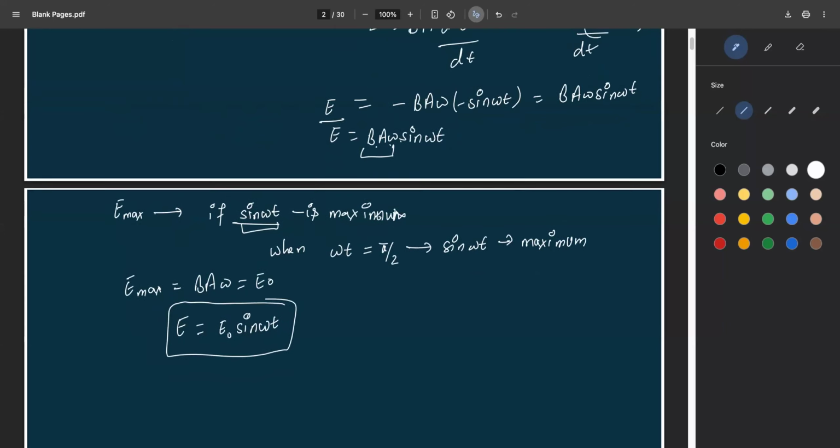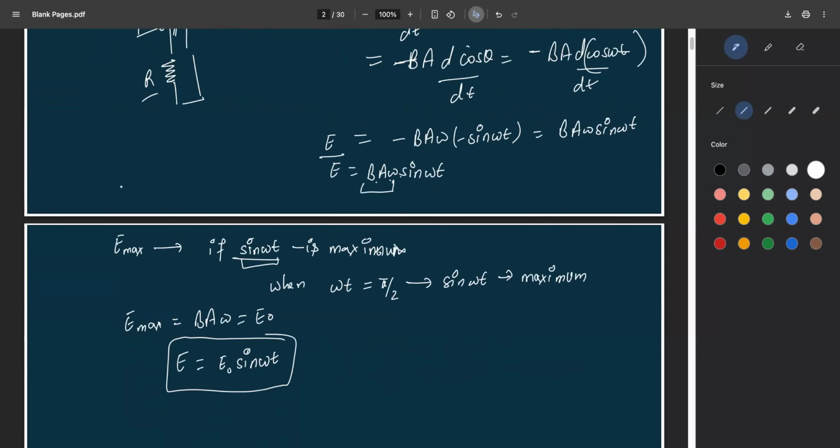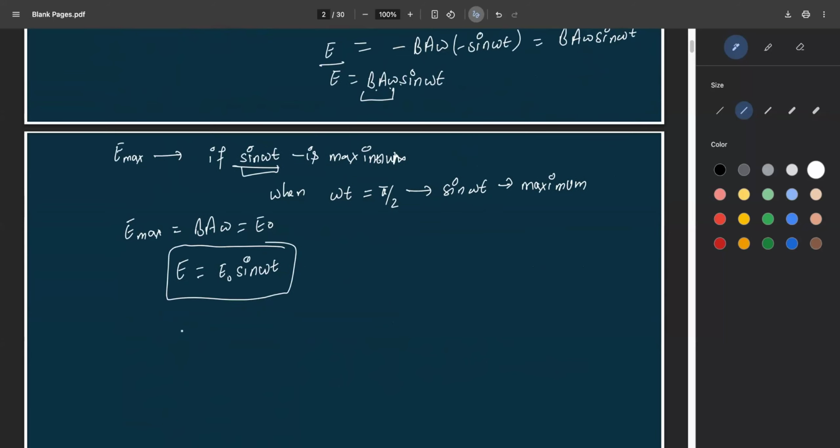Now assume the magnetic field is produced across these two points, or anywhere it might be produced. If I connect a simple resistance R and complete the circuit, and I ask what is the current in that case, you will simply say this is the EMF E naught sine omega t divided by R, and the maximum possible current becomes I naught sine omega t.